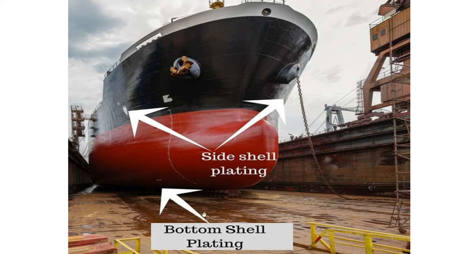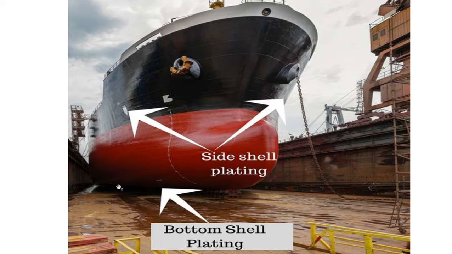When we talk about the bottom shell plating, there comes the keel strake, and when we talk about the side shell plating, there comes the shear strake and garboard strake, which I'm not going to explain here because I've already covered it previously. You can watch that. Whenever the numbering of side shell plating takes place, it is always from aft to forward and from down to top. Okay, from the bottom to top.